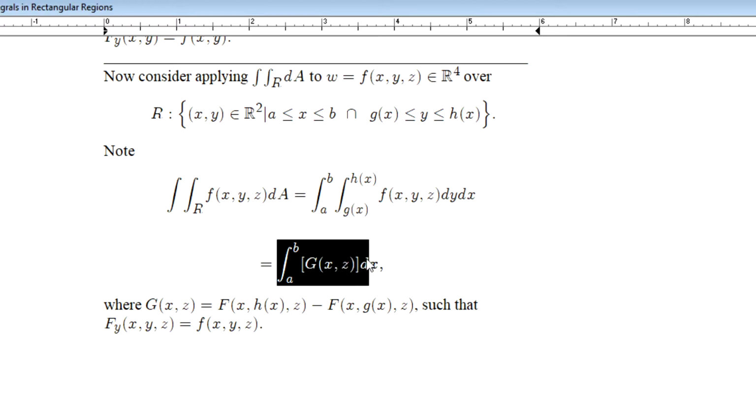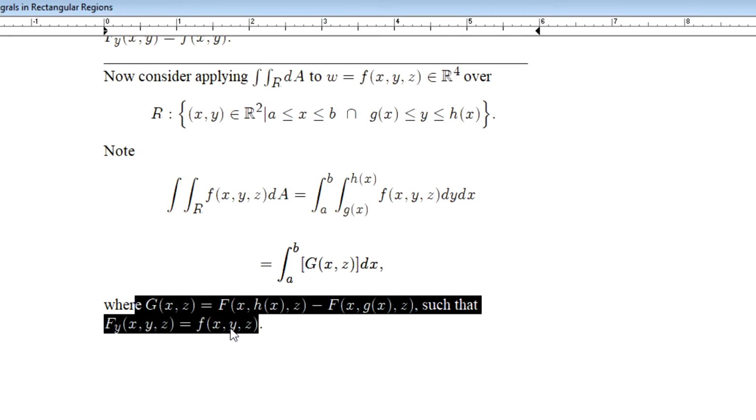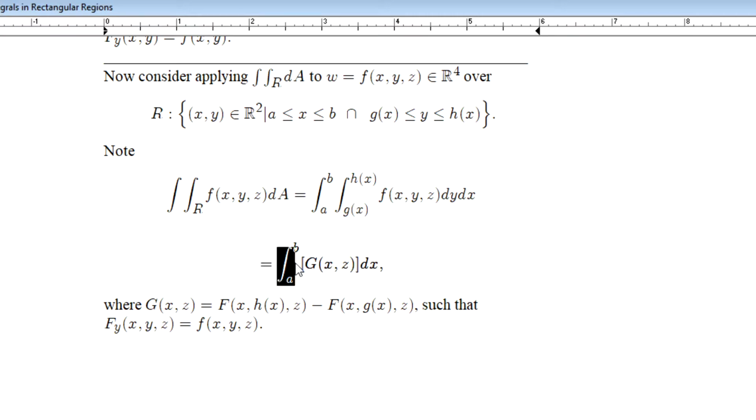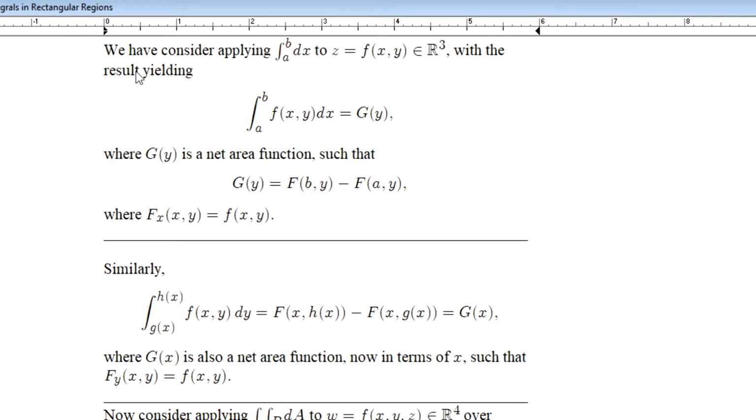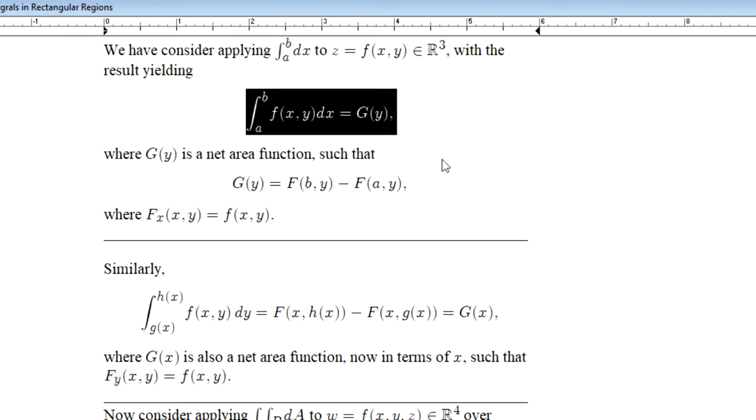Where I should say we have this understanding about its integrand. What we're now going to consider is finishing this calculation. Consider coming back and integrating now across values of x on these definite bounds from a to b. We're going to come back and put this first idea into play.